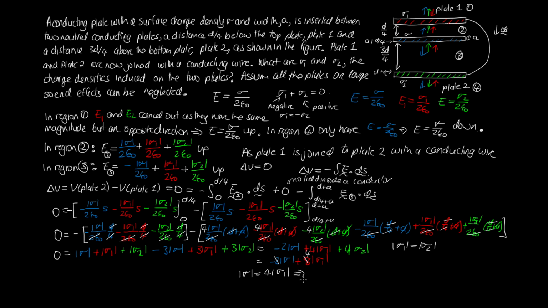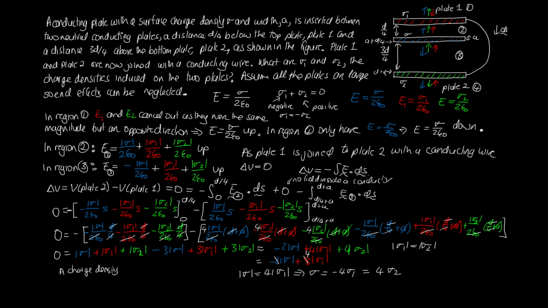So we know that physically this means sigma is equal to minus 4 sigma 1. And because sigma 1 and sigma 2 have the same magnitude but opposite sign, we can say this is equal to 4 sigma 2.